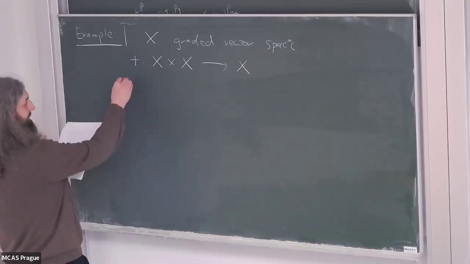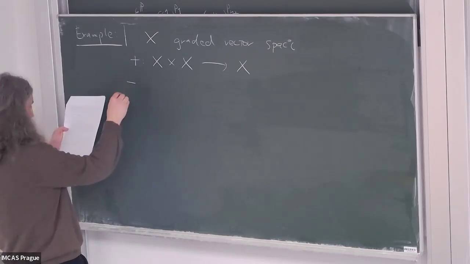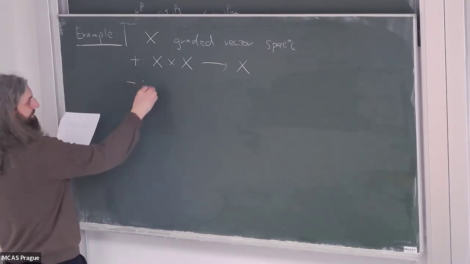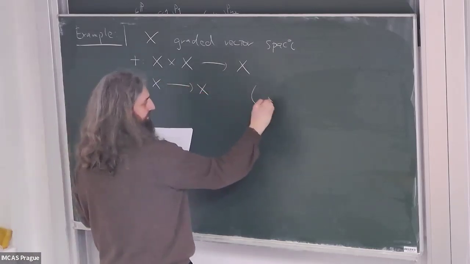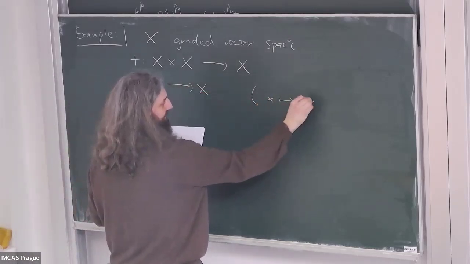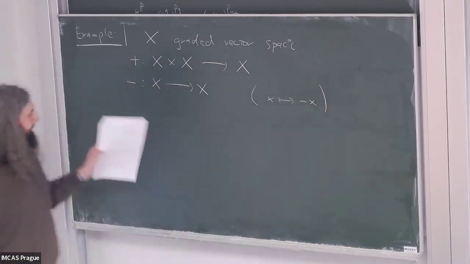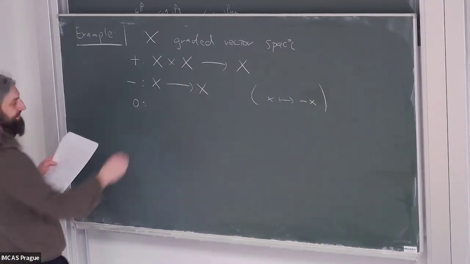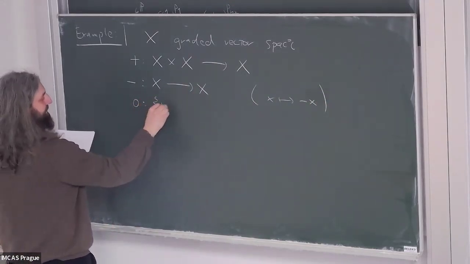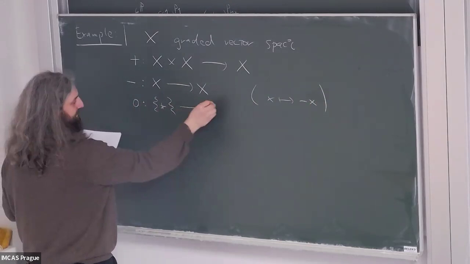And of course, multiplication by -1 can be viewed as a map from X to X. So this comes from the map which assigns to each vector a minus vector. And then there is also the association of the zero vector, which you can view as a map from the singleton manifold to X.